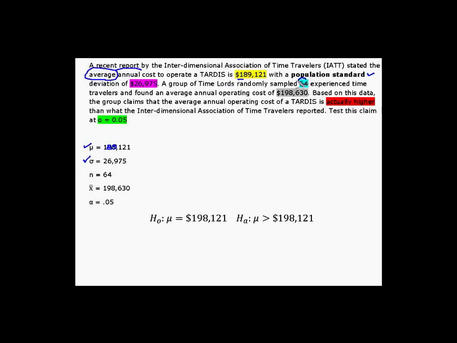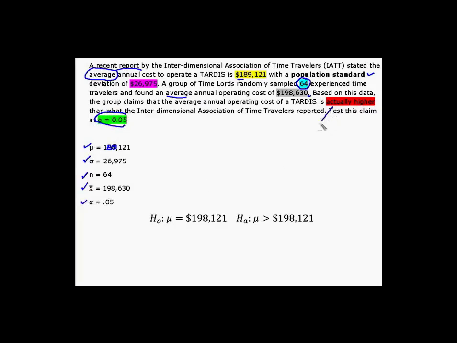I was told that we sampled 64 time travelers, which became n. And based on that group of 64, we found the average of 198,630, which is my x bar. I'm going to come back to this. I had an alpha equal to 0.05.